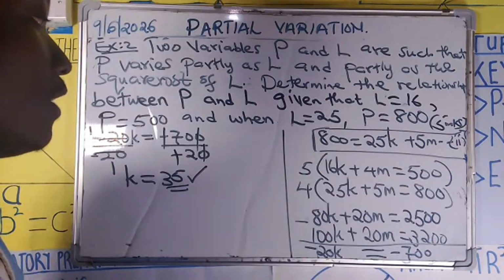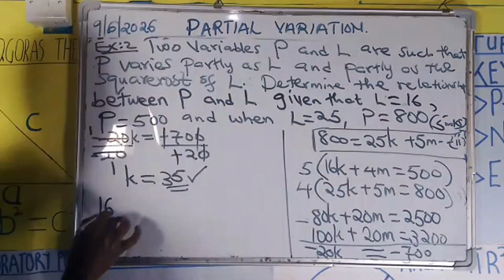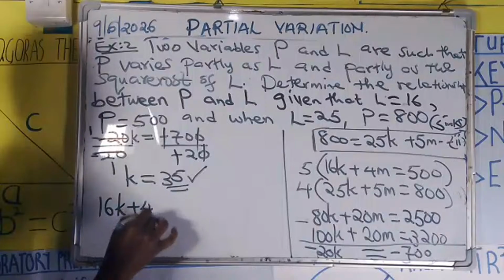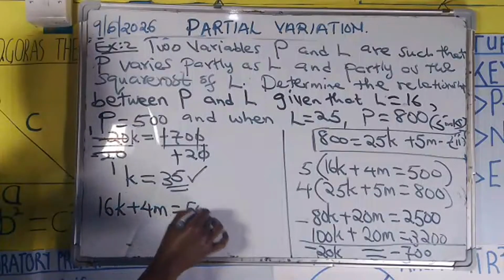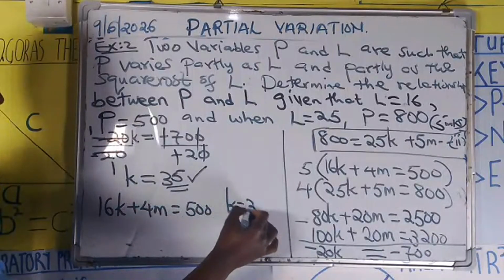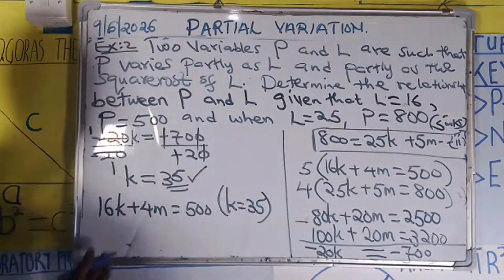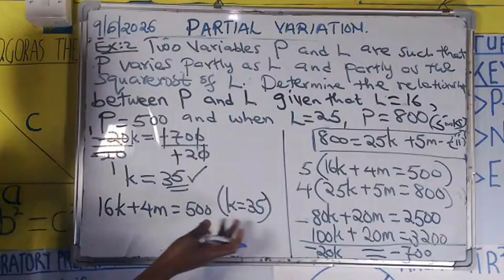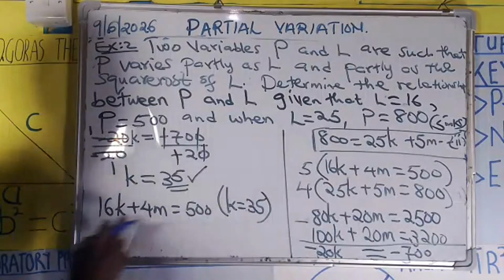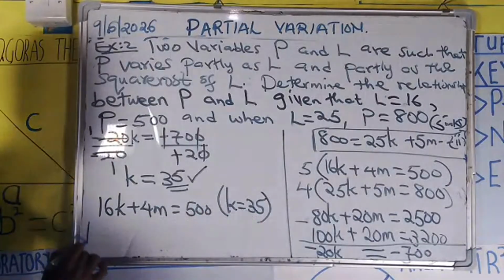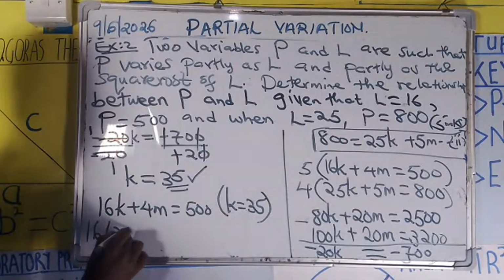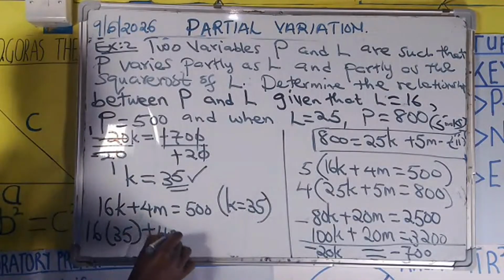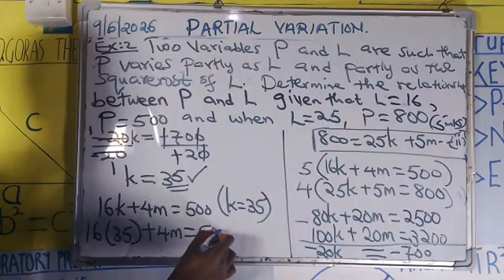So we can take one of the equations, 16K plus 4M is equal to 500, when our K is equivalent to 35. We will replace our K with 35, and we will have 16 times 35 plus 4M is equal to 500.